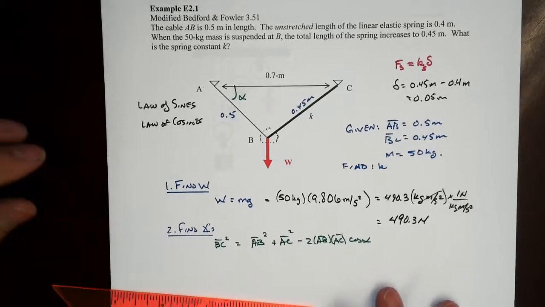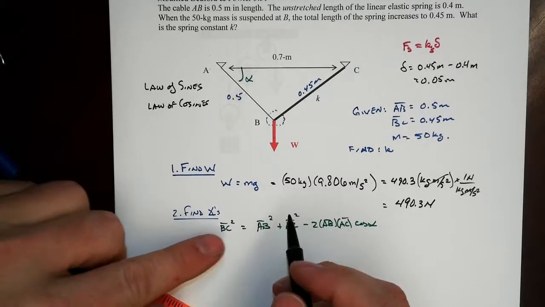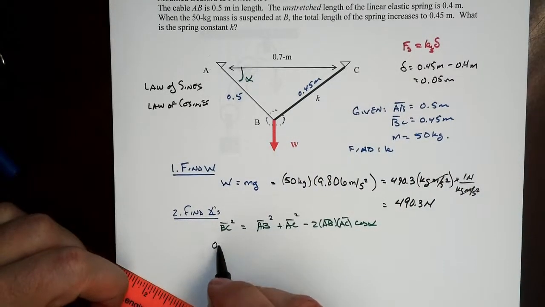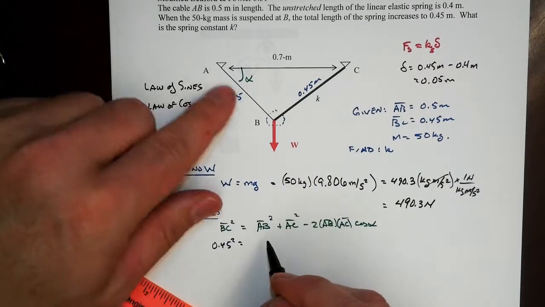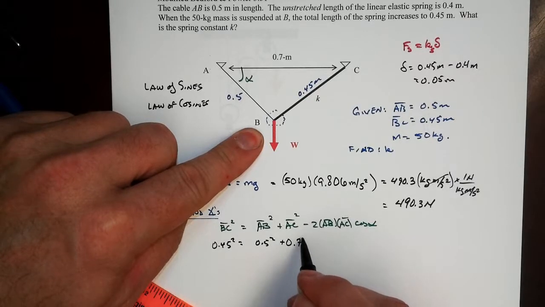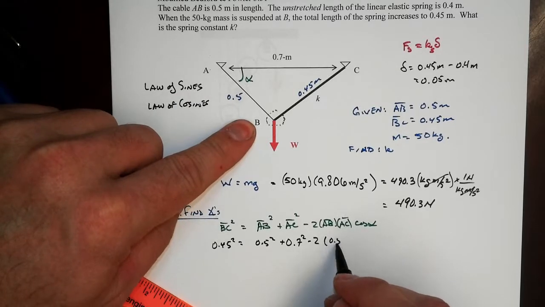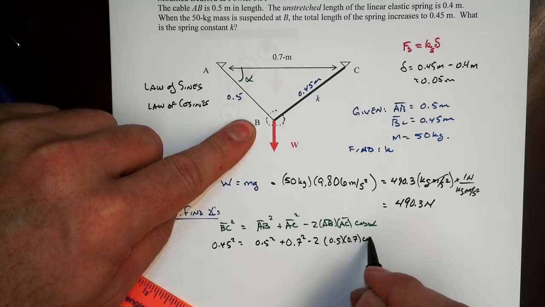And that's going to allow us to find alpha, because we'll put in here BC, that's the opposite one. That's 0.45 squared is equal to AB, that's 0.5 squared, plus 0.7 squared, minus 2 times AB, which was the 0.5. There's your 0.7. There's your cosine alpha.